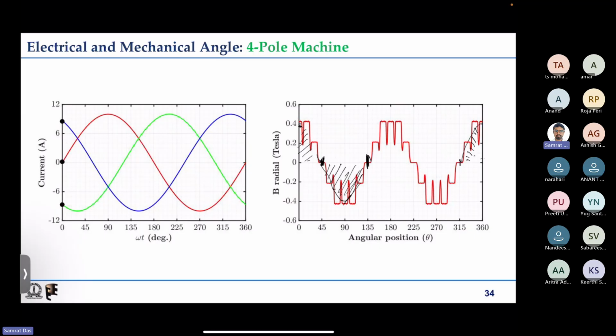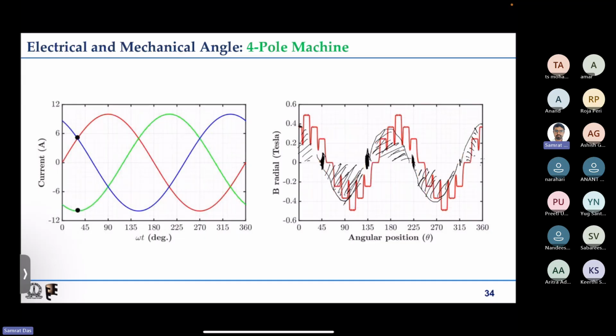Now for 135 to 225 we have again another positive flux density, and again 225 to 270 we again have negative flux density. So we have four portions. So from this portion to this portion this is a negative, from this to this there is a negative, a positive, again a negative, again a positive. So we have four poles in this case.